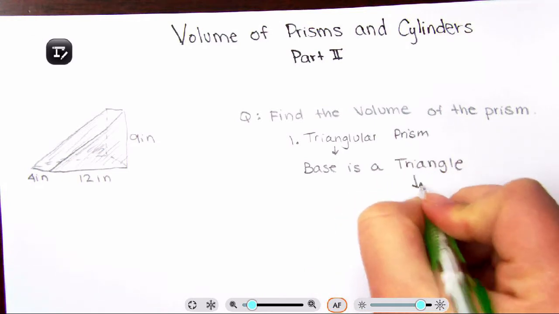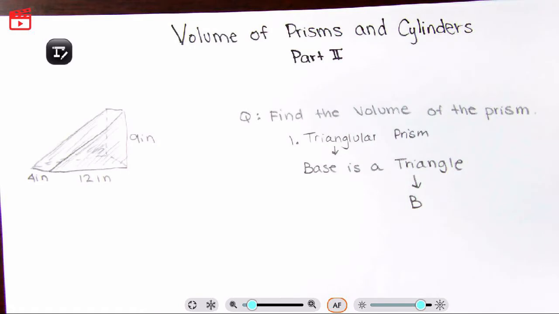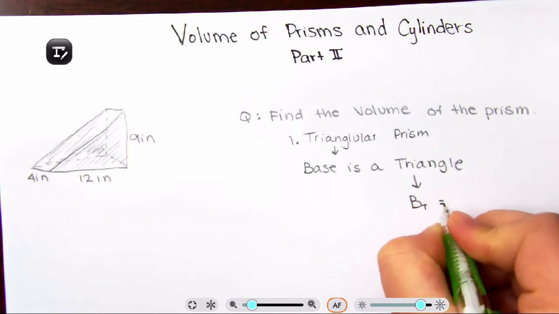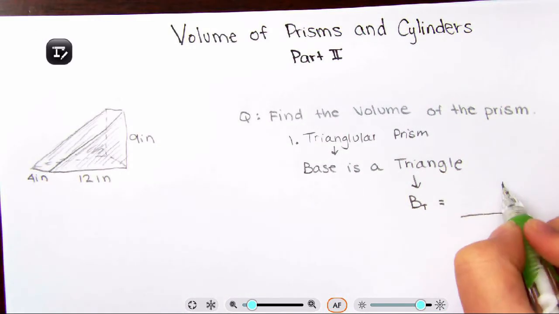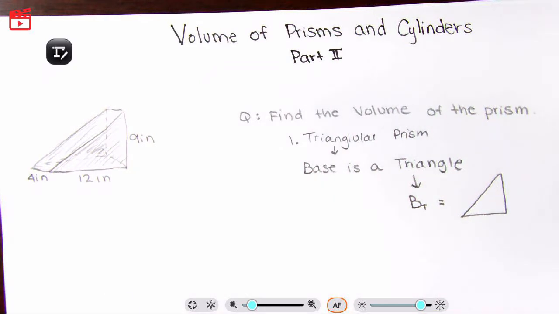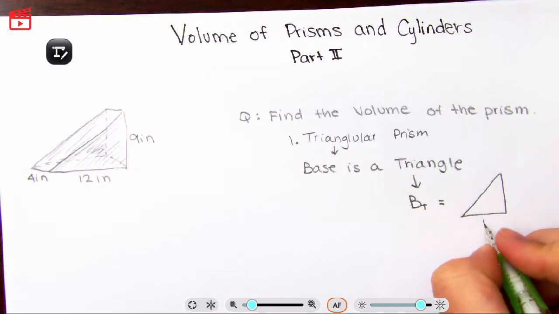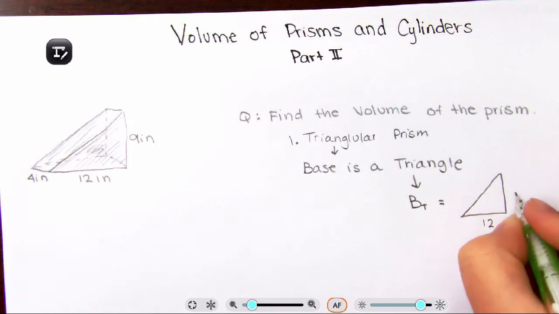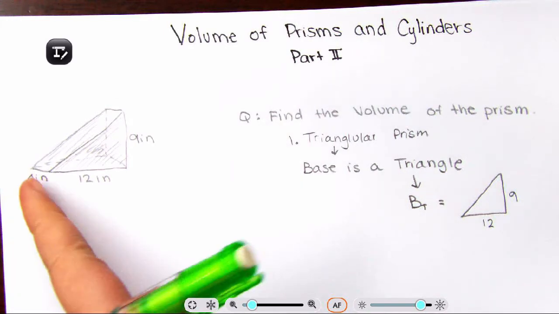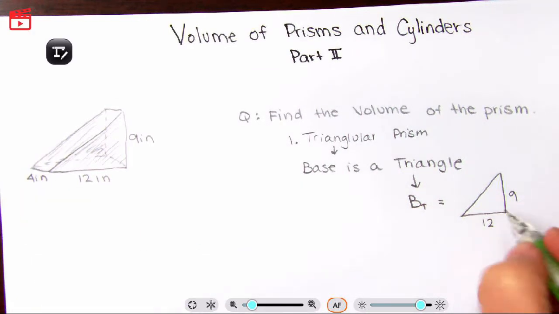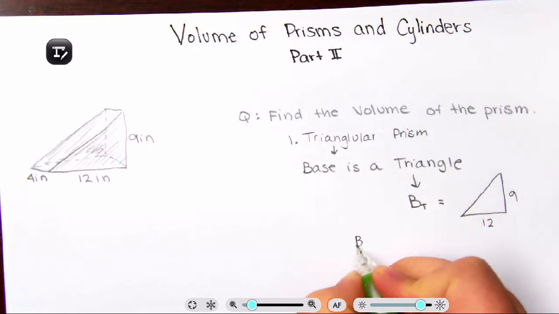So that means I'm going to need to find out the area of the triangle. So I'm going to draw out my triangle and use the given information to find out what the measurements are. I have 12 inches, I have 9 inches. I don't need this inch right here. So what is the area of the triangle?